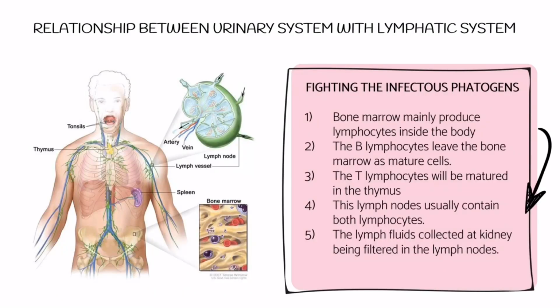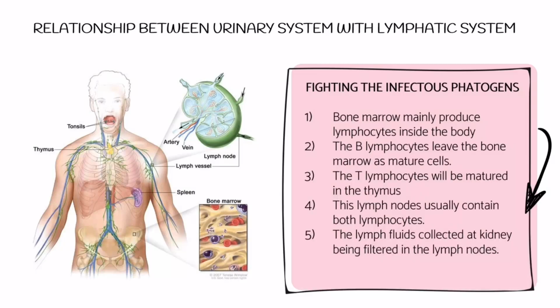One of the most important lymphatic organs inside our body is the bone marrow. Bone marrow will produce lymphocytes, which are B lymphocytes and also T lymphocytes.